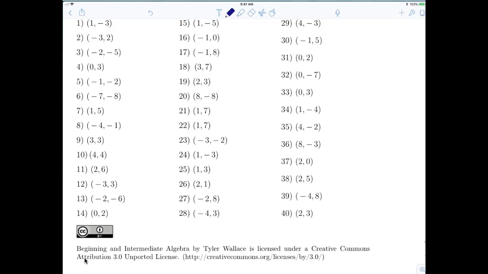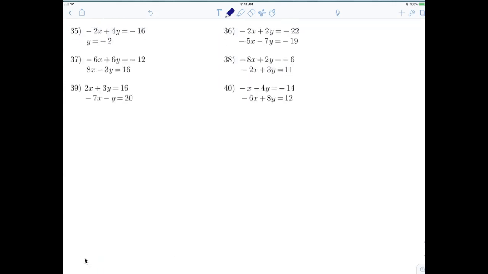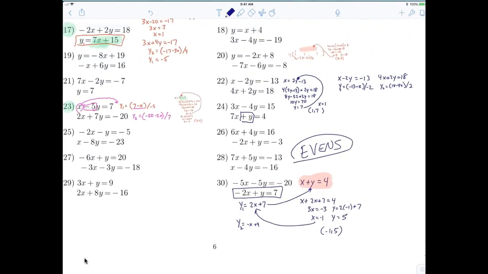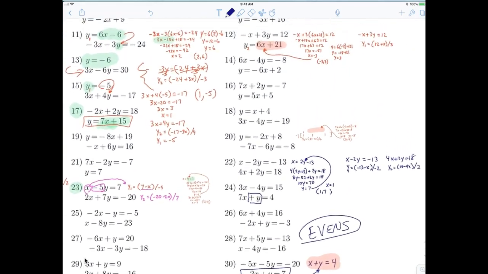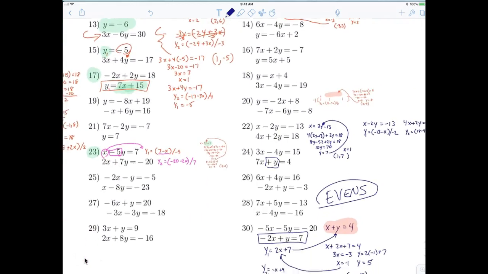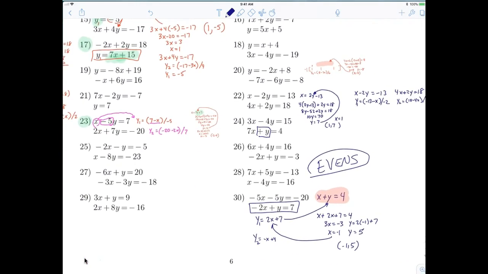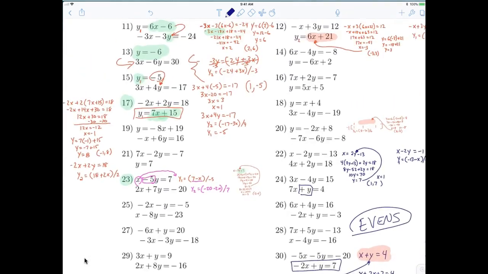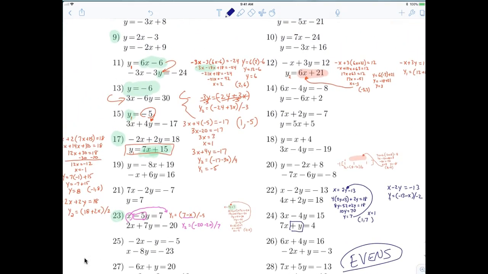Here is the only thing I want you to work on. I really want you to focus on 2 through 30 evens, which means we kind of skipped around, but I want you to do the evens. Those of you who are not at the grade you want, maybe you should do the evens and some of the odds.